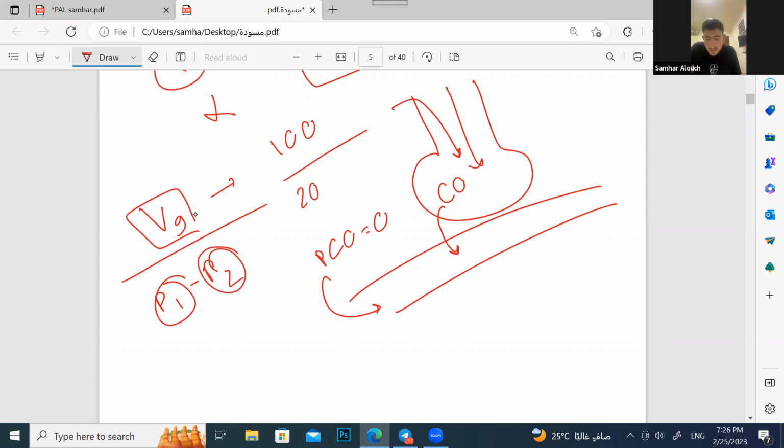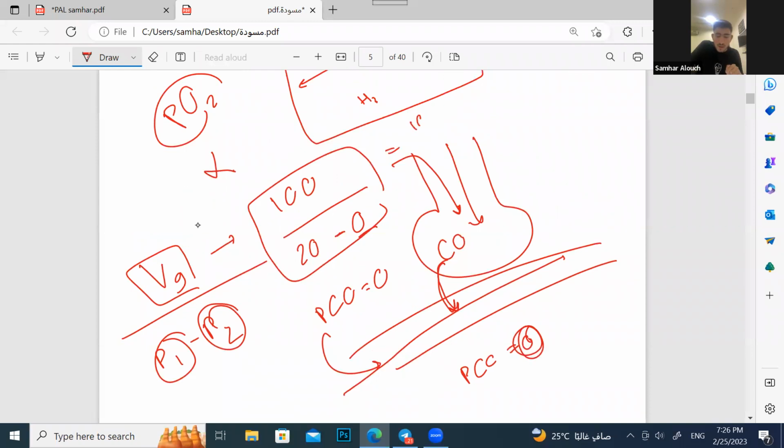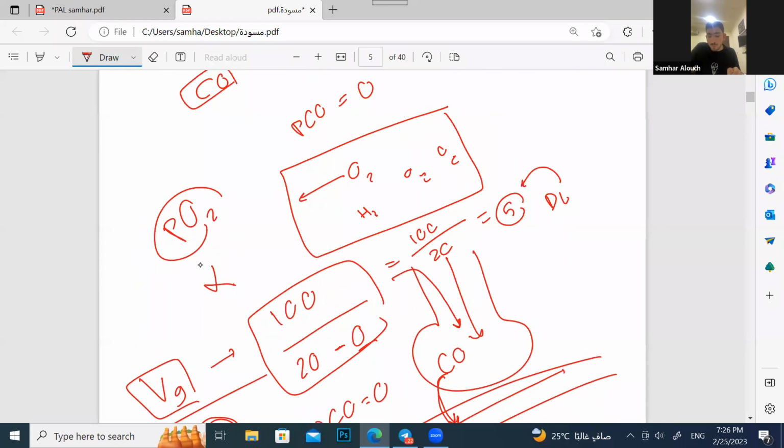We said CO, once it enters the capillary, binds to hemoglobin, so it will have a pressure of 0. So now we can put 0 here. No matter where we go, CO will bind immediately to the hemoglobin and have a pressure of 0. So now we can calculate the CO and say 100 divided by 20 equals 5. And now we know that the DL, the diffusing capacity of CO, is 5, let's say, okay? But first, is this clear?